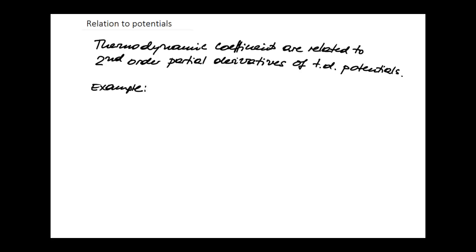Consider the following example. Consider the specific heat at constant pressure. Remember the definition, that's T over N, partial of entropy with respect to temperature at constant pressure. Now the entropy is minus the partial derivative of the free enthalpy with respect to temperature at fixed pressure.